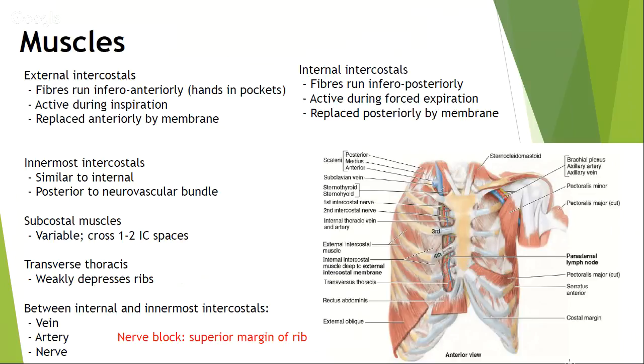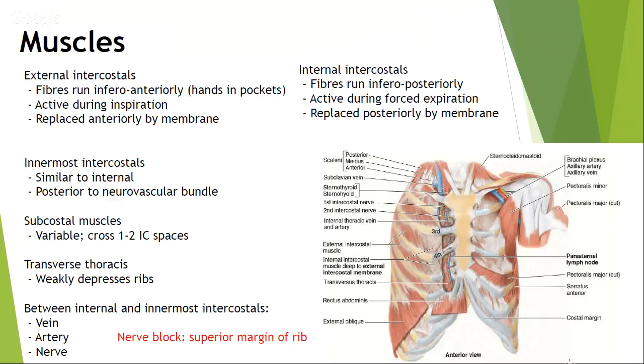For the rest of the muscles, moving from external to internal, the external intercostals. Fibers run infero-anteriorly. They're active during inspiration, and they're replaced anteriorly from about the mid-clavicular line towards the sternum by a membrane. The internal intercostals are kind of the opposite, so the fibers run at a 90-degree angle infero-posteriorly.